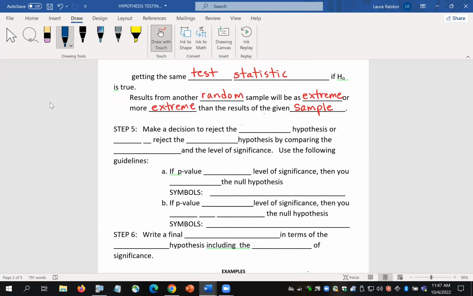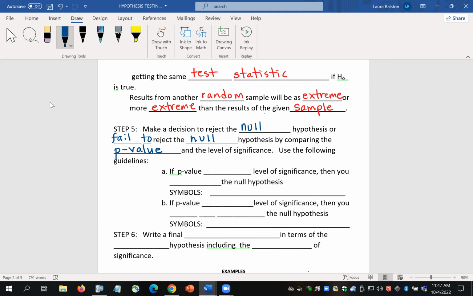Okay, you're either going to reject the null hypothesis, that's one option, or you're going to fail to reject the null hypothesis by comparing the p-value to the level of significance.